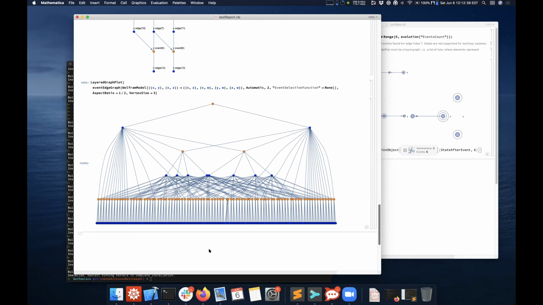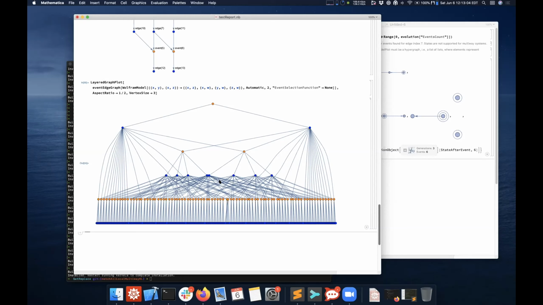Okay, let's think about this for a second. You can see there is lots of branching going on. Yes. And lots of merging. Right? Unless I'm reading this wrong, where is the merging? All over the place, where those things are going into the same events.